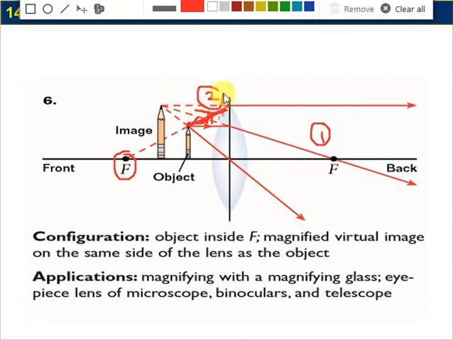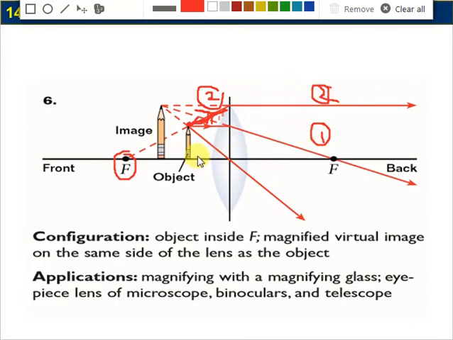Ray number 2, because the focal point here is behind the object, the ray will be directed toward the lens as if it's coming from the focal point. Okay, so this ray, how will it leave the lens? It will leave parallel. So this is the second refracted ray. Okay, this is the first refracted or emergent ray that leaves the lens. This is the second refracted ray.